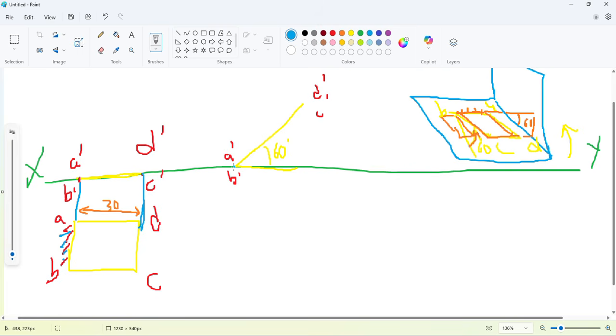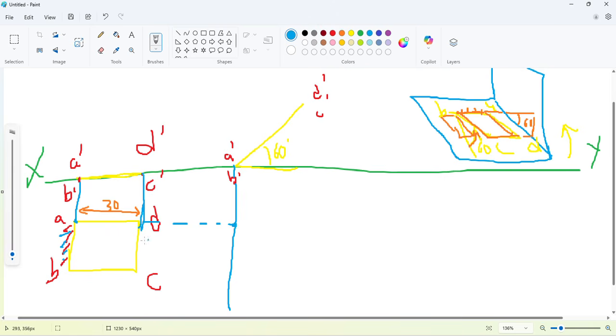So now you have to make a vertical line from this point, and we know both these points A dash and B dash lie on the same vertical line, this one. So now from point A in the top view, I'm going to draw a horizontal line which will intersect with this line. So the horizontal line will come like this and intersect with this vertical line at this point.